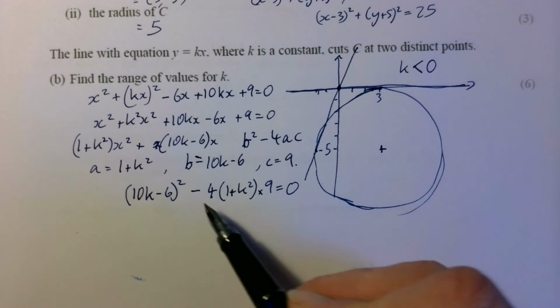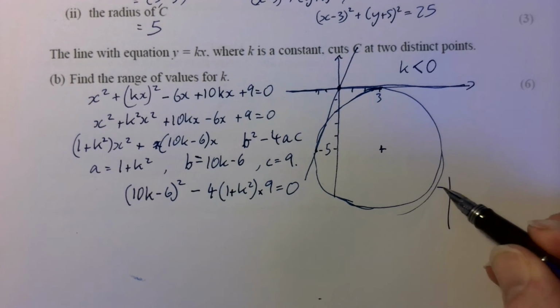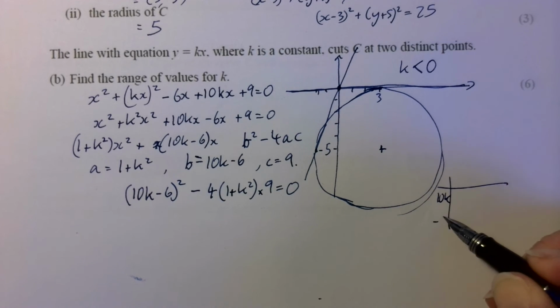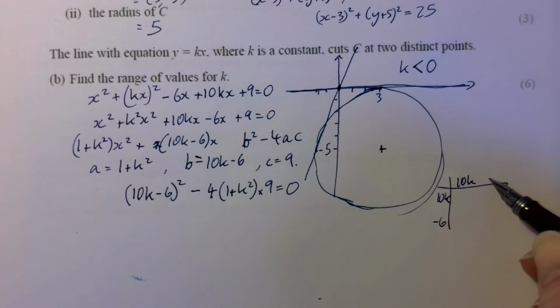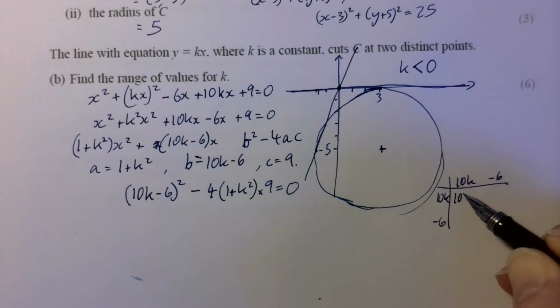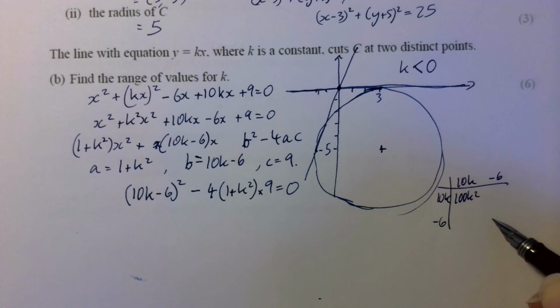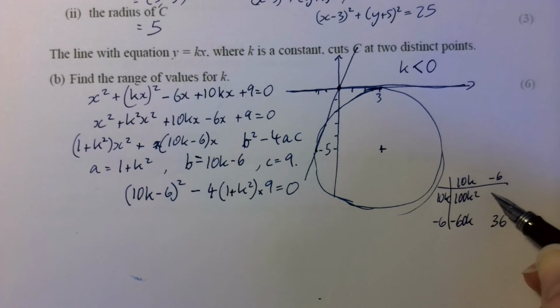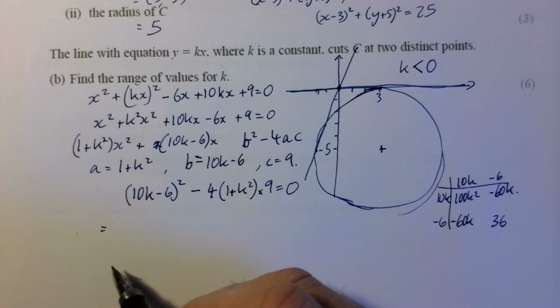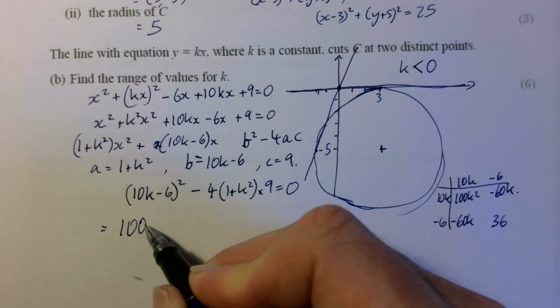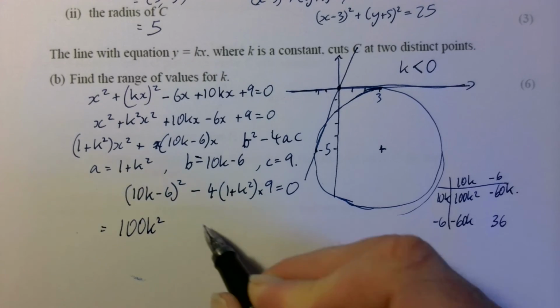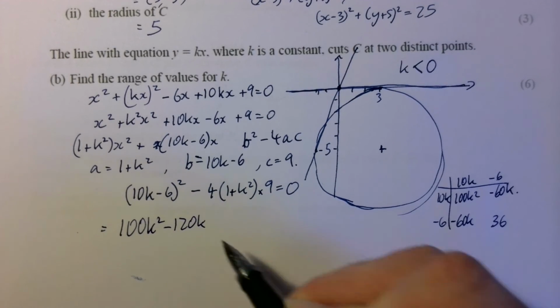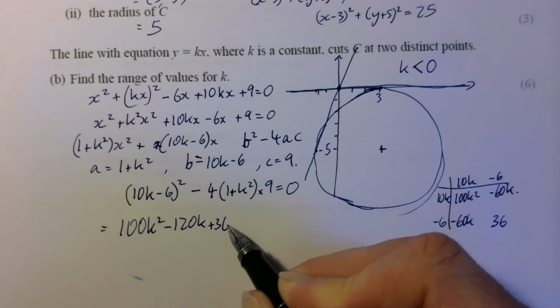If we expand that, you might want to use a quick grid. 10k take 6, 10k take 6, that's going to give me 100k squared. It's going to give me plus 36, negative 60k, negative 60k. That's going to take us to 100k squared, take 120k plus 36.